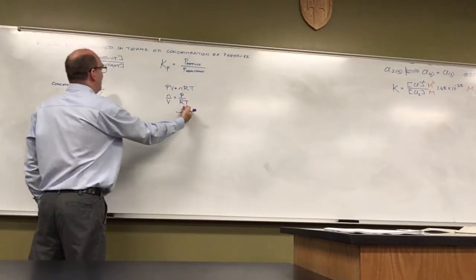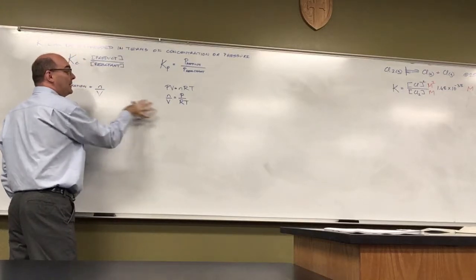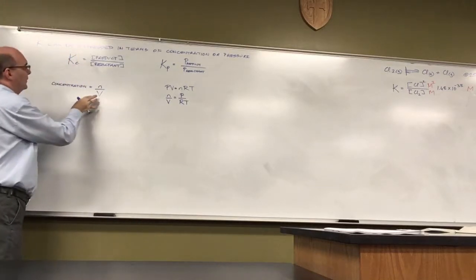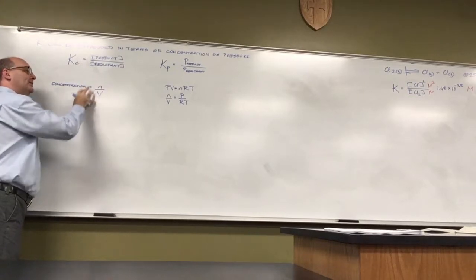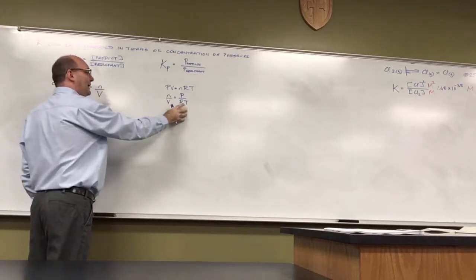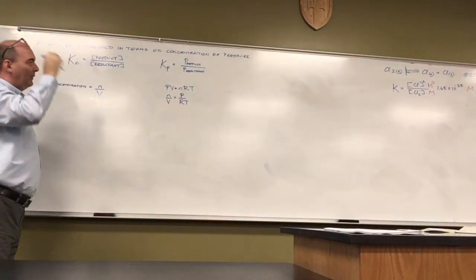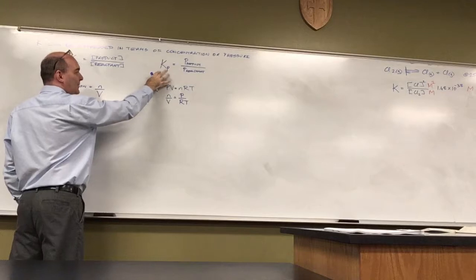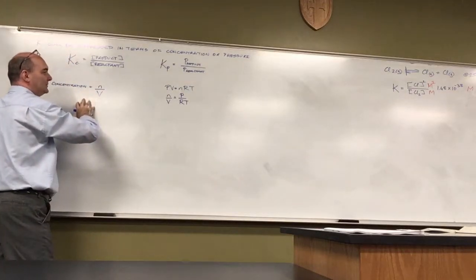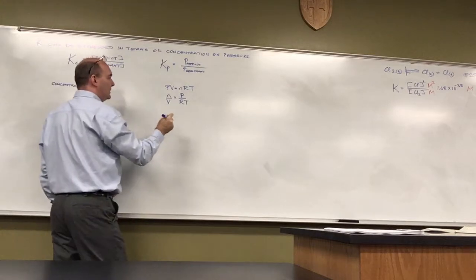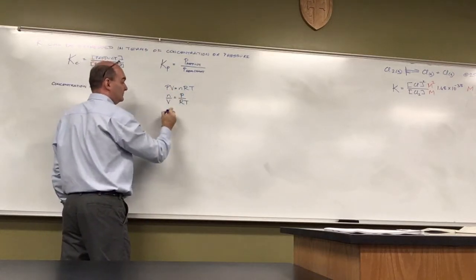So that will help me if I want to push the numbers this way. If I want to convert Kcs right here into Kps, I would do that. If, however, I wanted to convert Kps into Kcs, I might do this. Just move the V.